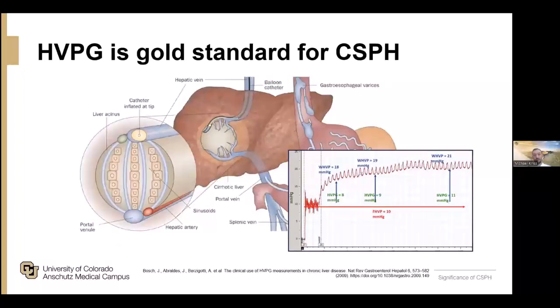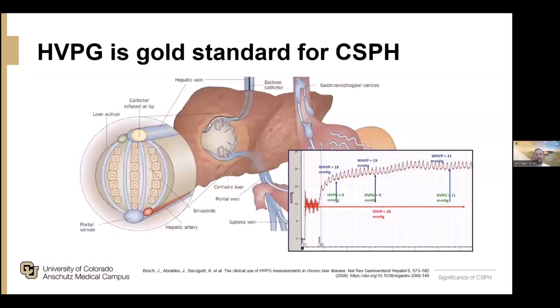For those not familiar, I would just give a footnote that in Europe, hepatologists perform HVPG measurements, not interventional radiologists alone. That's why there is an abundance of clinical data, primarily from Europe, that integrates HVPG measurements into clinical trials and outcomes. Now, in the United States, we rely on our interventional radiologists, and this requires catheter access to the hepatic vein, usually through the transjugular vein.